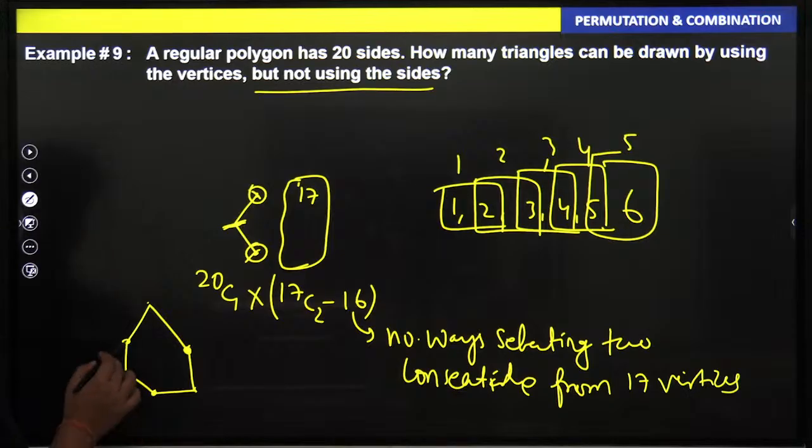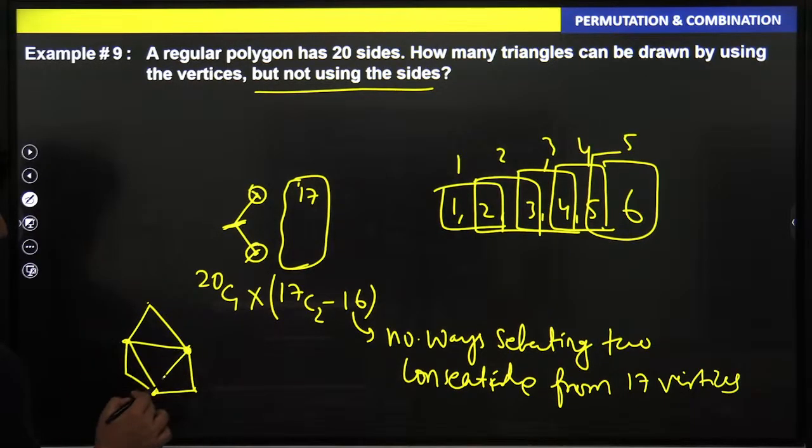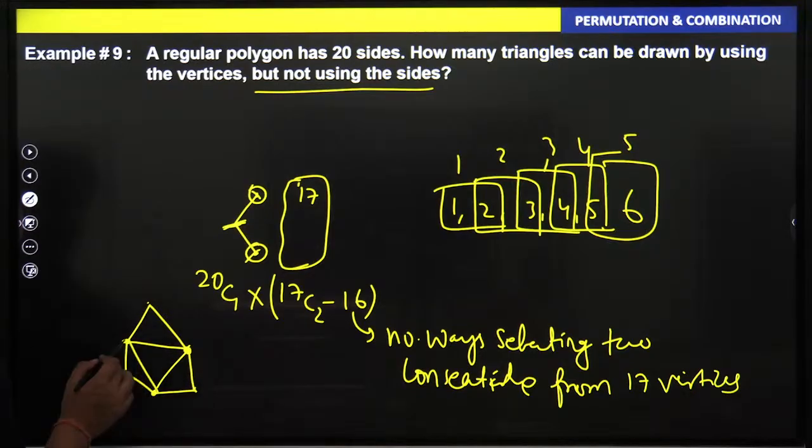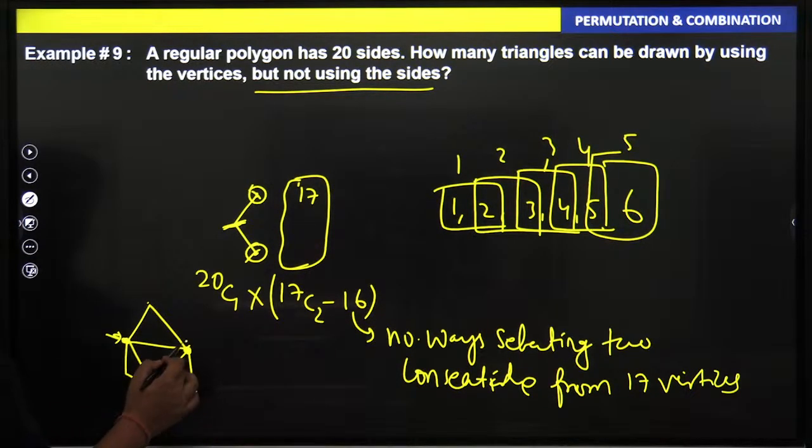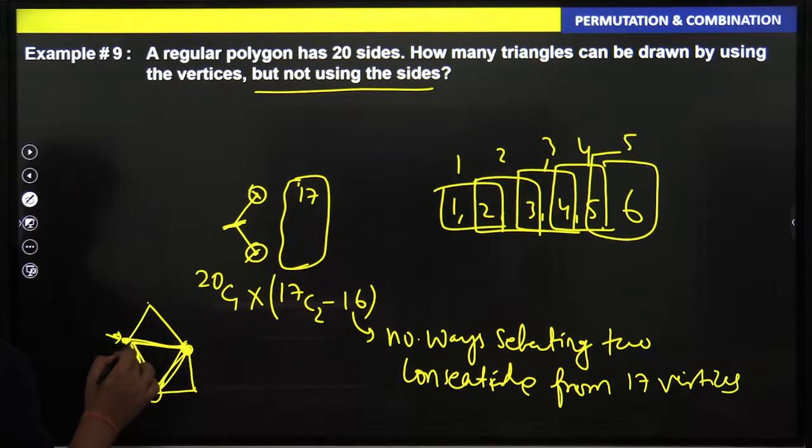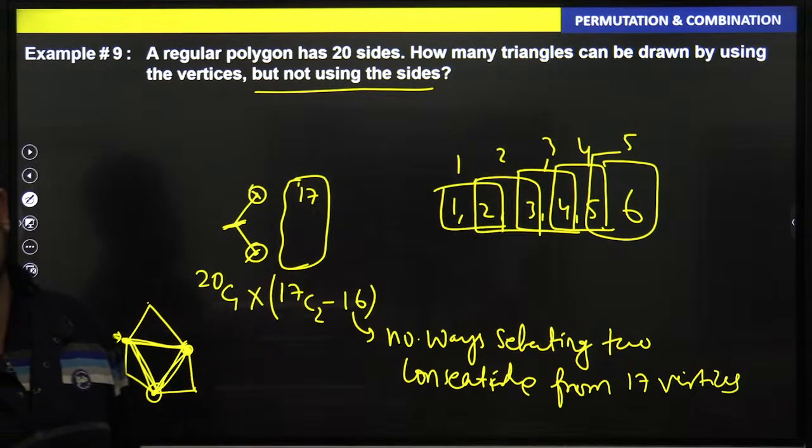So this gives you one triangle. And again if you select this one first, then this point and this point again come, and if you select this point first, we are counting with these 3 points. How many triangles are we counting?